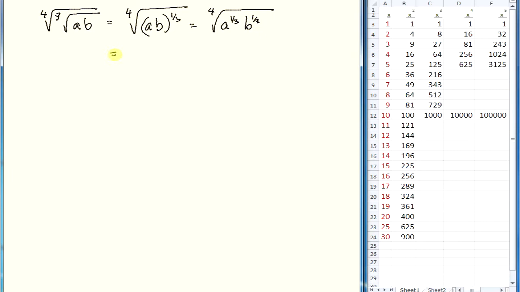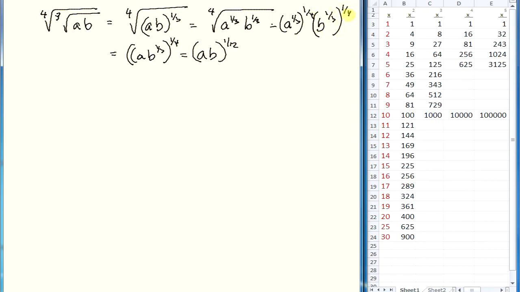I may have chosen to do this instead. I may have chosen to say AB to the 1/3, raise it to the 1/4, come up with AB quantity raised to the 1/12, which would have been no different if I would have said A to the 1/3 raised to the 1/4, or B to the 1/3 raised to the 1/4.